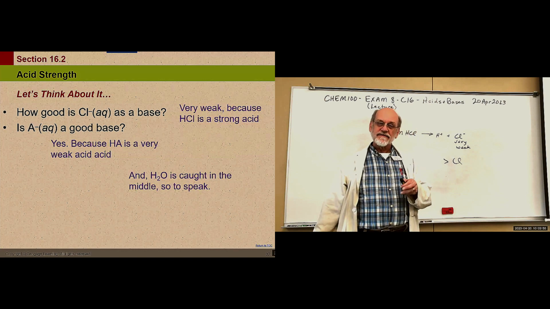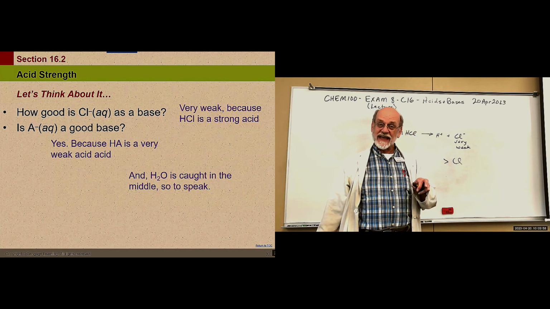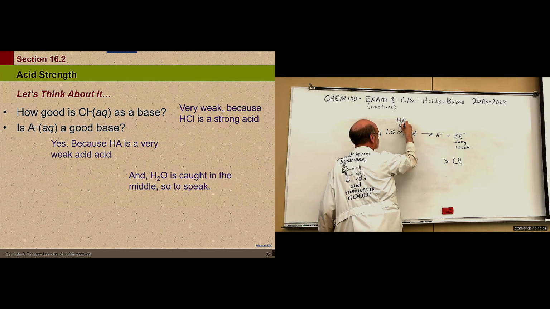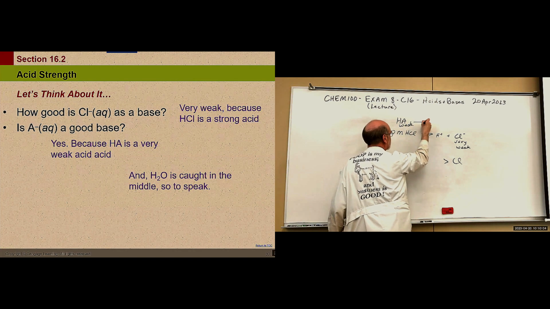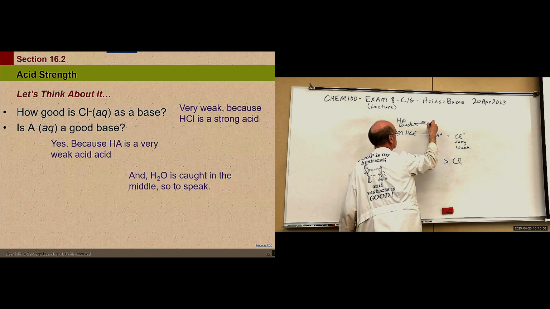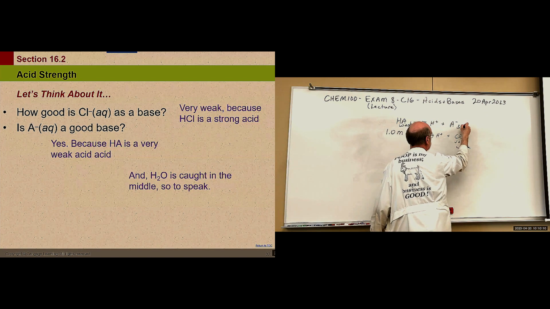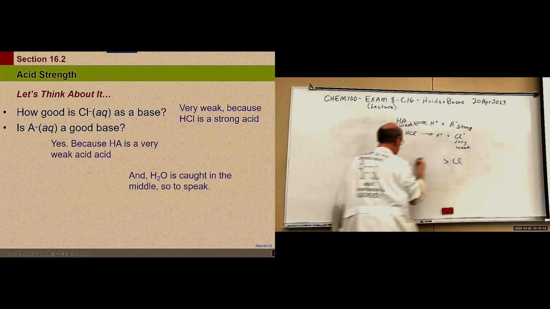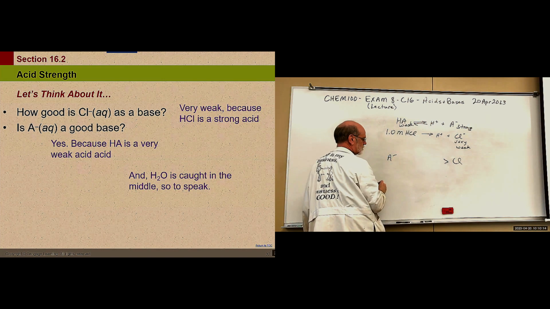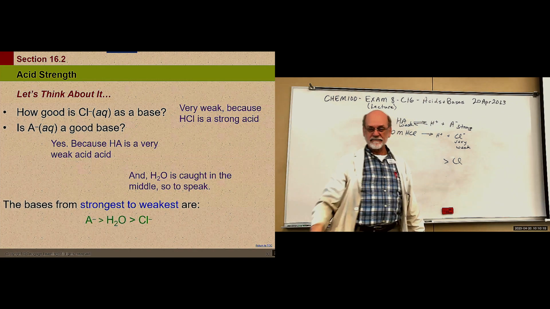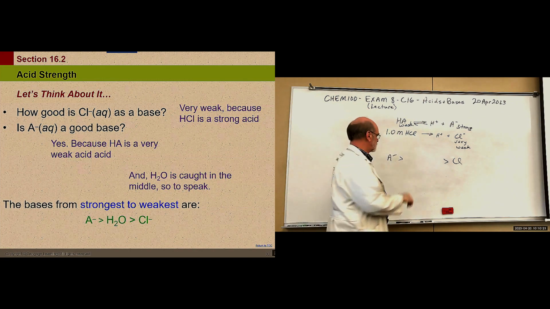All right. If HA is a weak acid, then it's going to produce that plus a very strong base. So it'll be over here. And water's caught in the middle.